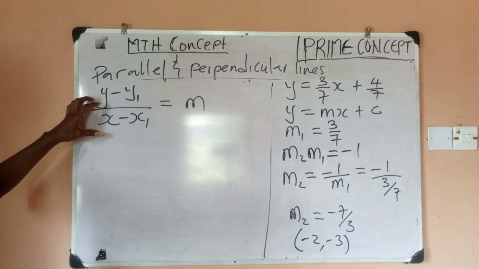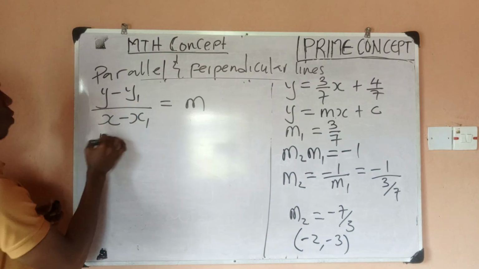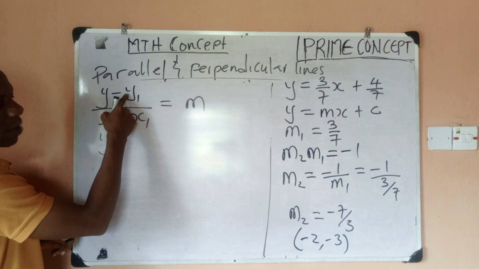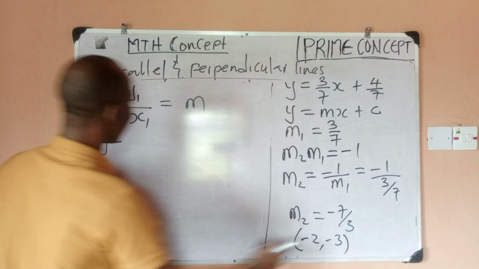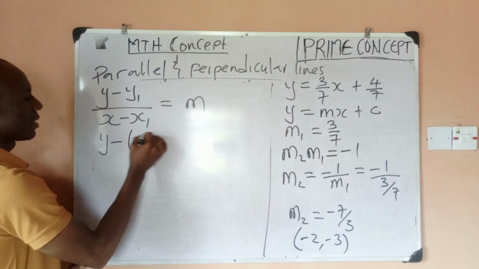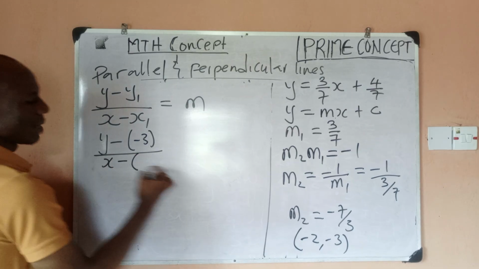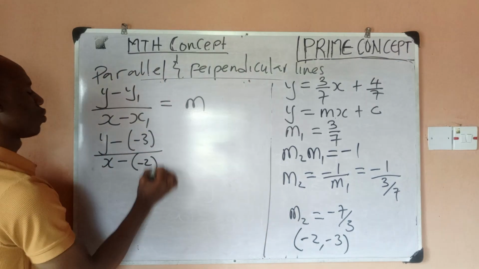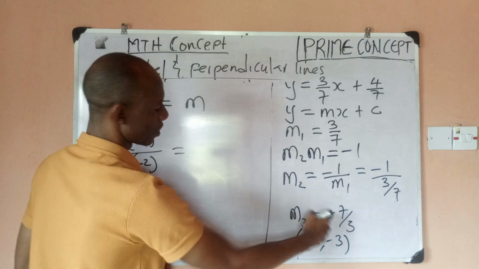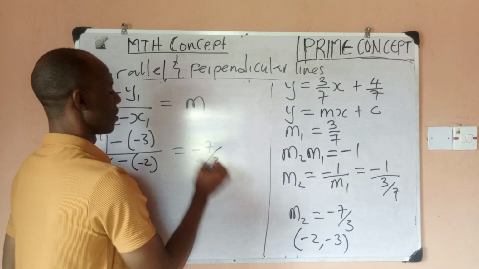So if I do this, I would have y minus, what is my y1? My y1 is -3, so I have y minus -3. My x minus x1, what is my x1? -2, and it is equal to my slope. What is my slope now? -7 by 3.